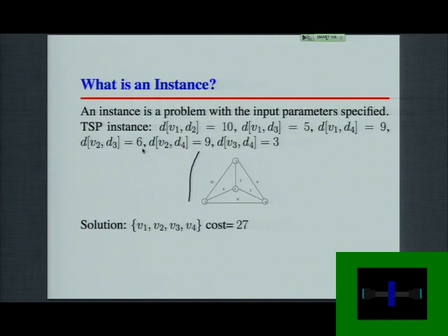A problem is a specification saying, give me input like this, and I will return output like that. An instance is the input data that matches that problem. Any questions about that? Do people see the distinction between an instance and a problem?